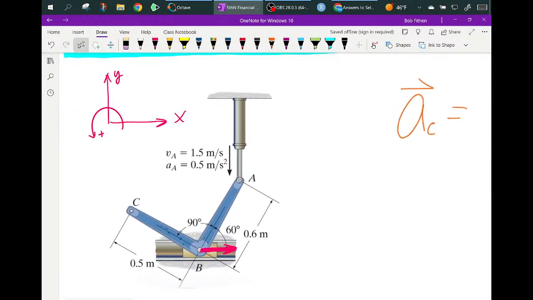From the velocity standpoint, we found an instant center which sat right here, so that means the velocity was going this way. Now, here we have an acceleration that's positive this way, and because there are centrifugal components here, we have an acceleration going that way, meaning B has a certain velocity, but it's slowing down.